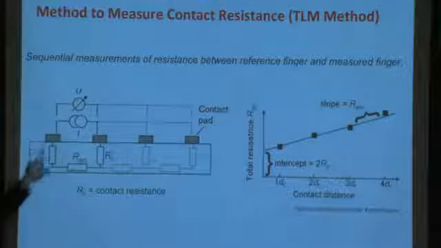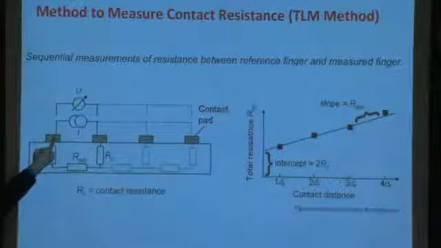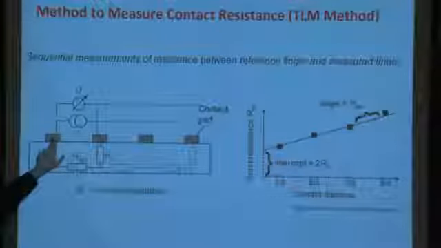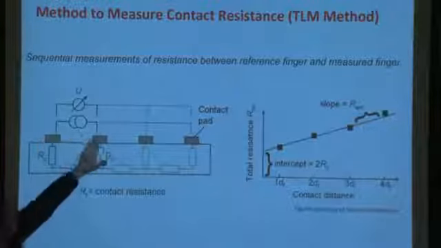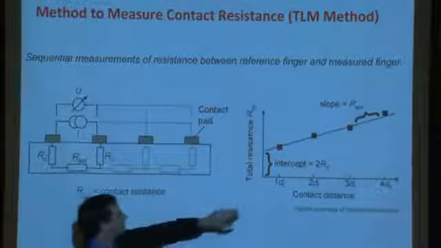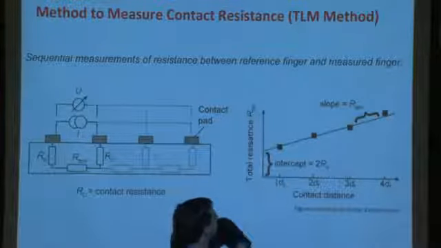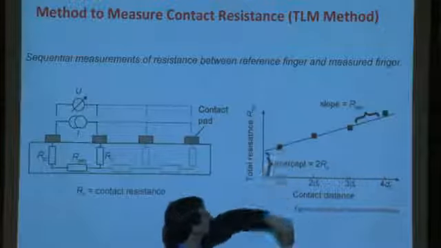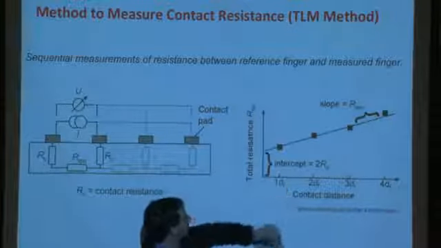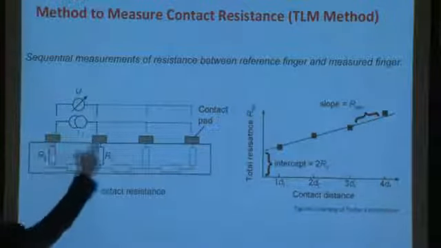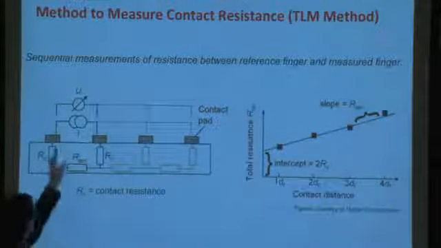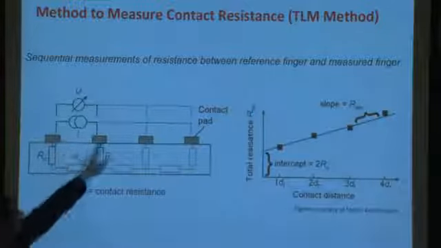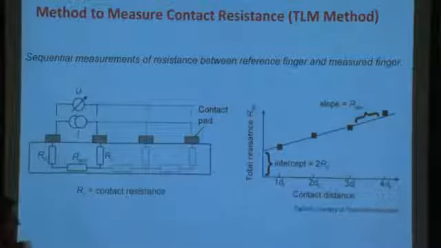And if you were to measure the resistance for current to pass from this point to that point, you might get, let's say, this data point right here, a total resistance value of some value, and a distance between the 2 probes of, say, 1 times d sub f, where d sub f is the unit distance between 2 adjacent contact metallization fingers.